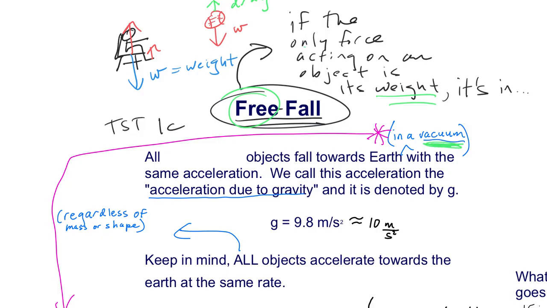Now, it's important that you understand a vacuum does not turn off the gravity. A vacuum does not take your weight away. It just takes away the air drag that is slowing you down as you fall.